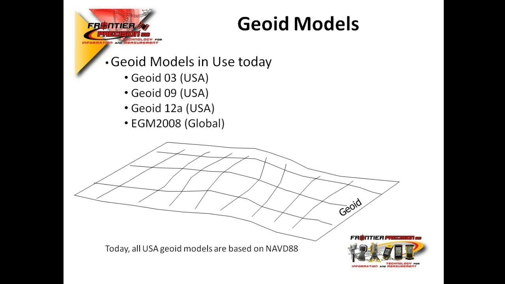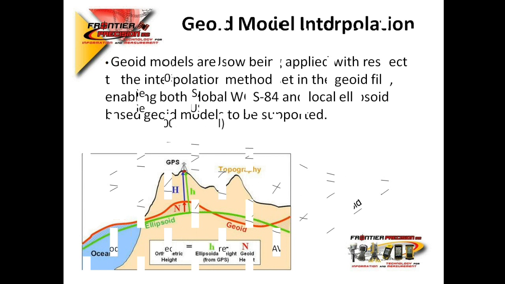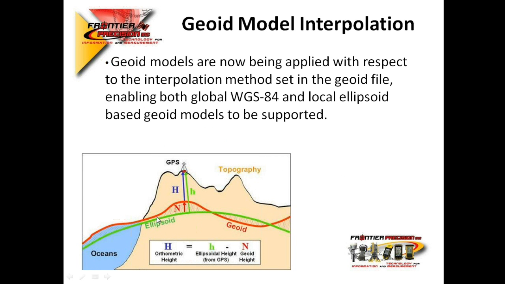It's not anymore just to the WGS84 ellipsoid, as you see in this snapshot. It can be interpolated to the local ellipsoid as well as the global ellipsoid, and in some situations it needs to be interpolated properly. So that's one of the discussions that we wanted to have this morning.